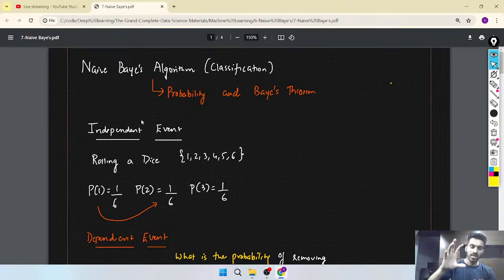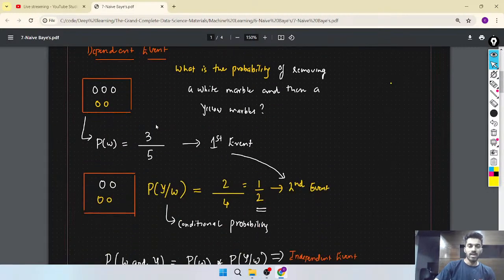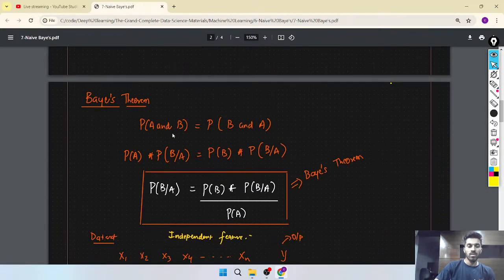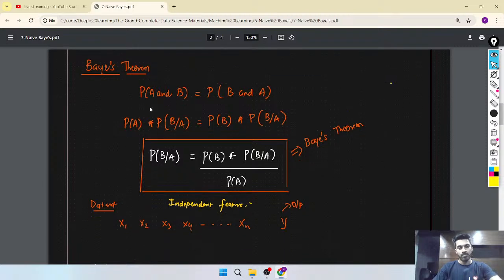Coming to the name Bayes, you can say probability of A and B is equal to probability of B and A. This will be equal because these are independent variables. So probability of A and B, we can write as probability of A into probability of B given A.